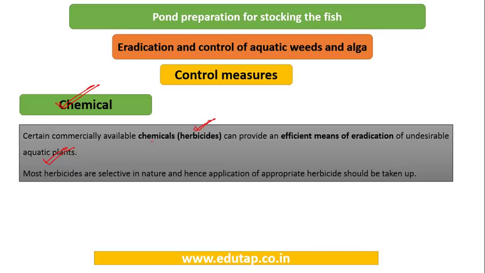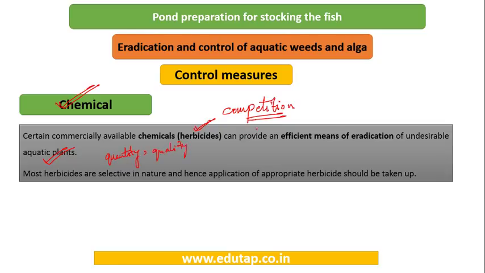Because obviously they are eating away the important nutrients that need to be delivered to the fish, right? So you can see here that to avoid competition which is totally unwanted, we are doing this, right? Now we need to select proper herbicides, and we need to make sure that the quantity and the quality both are kept in mind while selecting it.